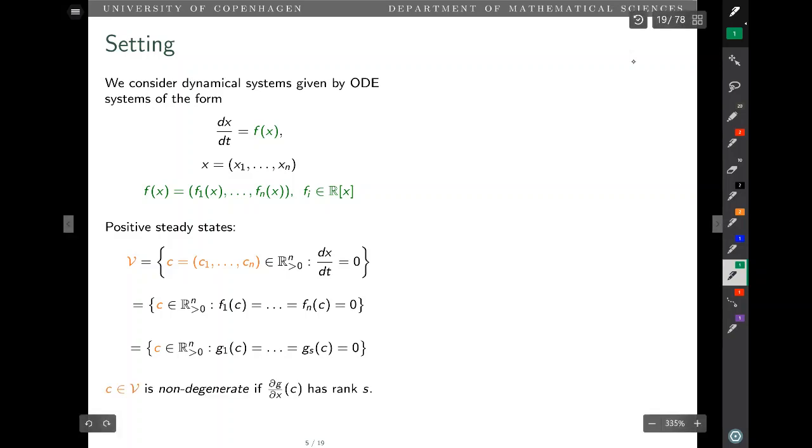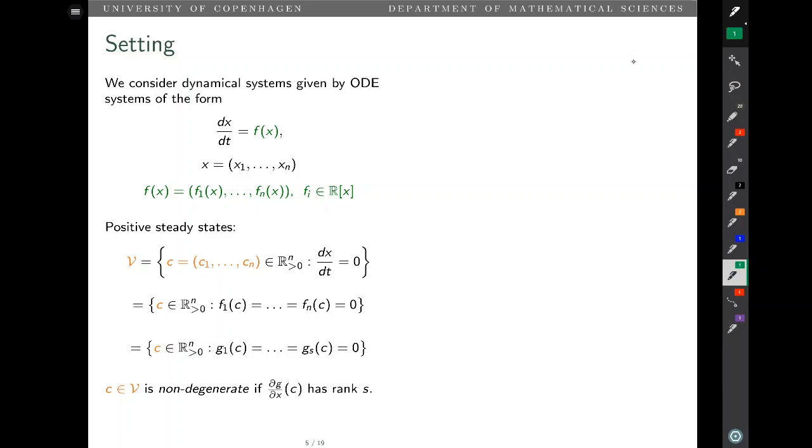And just a technical condition that I will need for my results: those solutions will be called non-degenerate if the Jacobian of the function g has maximal rank, now it's not necessarily square.